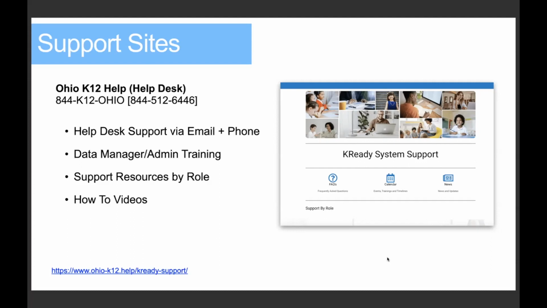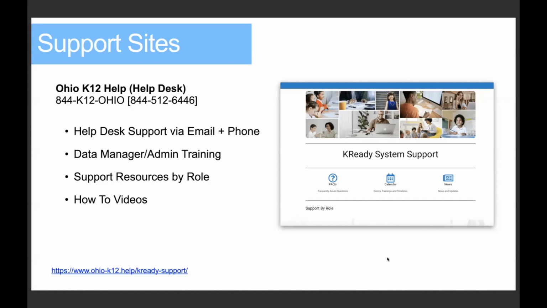We also have a web form, which I'll show you how to access, which is probably the best way to get help because it allows our team to track your problem and the solution. And then certainly we can provide you additional information that way as well. We provide support by role, as well as some how-to videos and training, like the training you're participating in today.